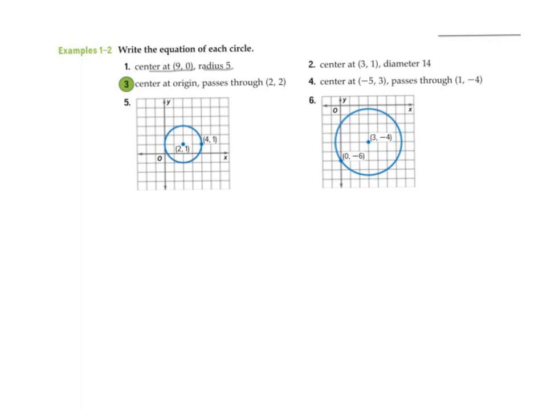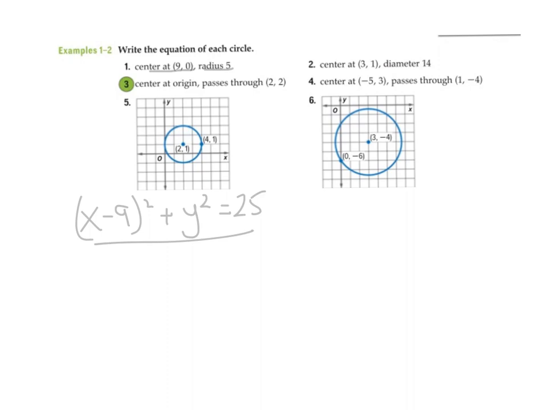So basically what we're looking at is x. 9 is positive, so we're going to do x minus 9 and square it, plus y minus 0 squared. Well, y minus 0 is just y, and if you square that you get y squared, and that will equal the radius squared. Well, 5 squared is 25. Okay, so that's the answer to question number 1.